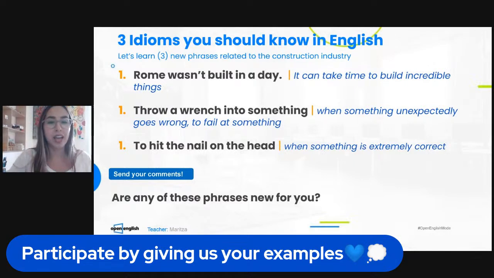We are talking about when someone is extremely correct. When someone has said something that you say, wow, that's exactly what I was talking about. You hit the nail on the head. You are 100% correct. We can say to hit the nail on the head.